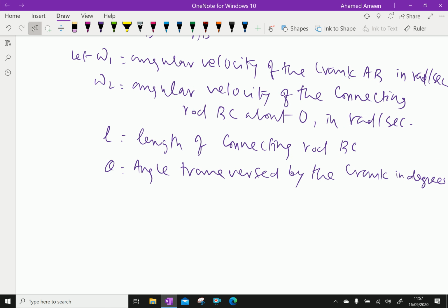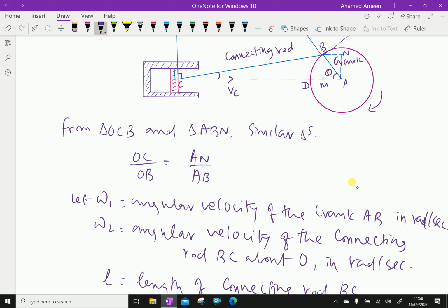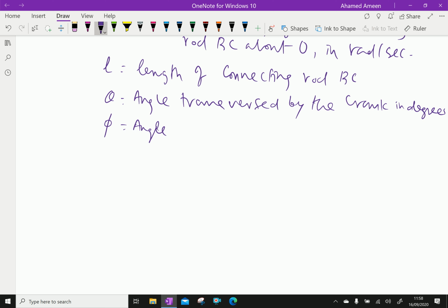Now angle phi is the angle which the connecting rod makes with CA, that is here.